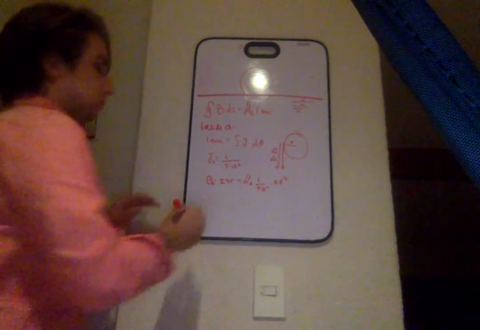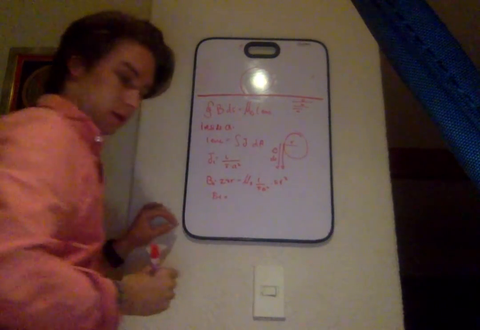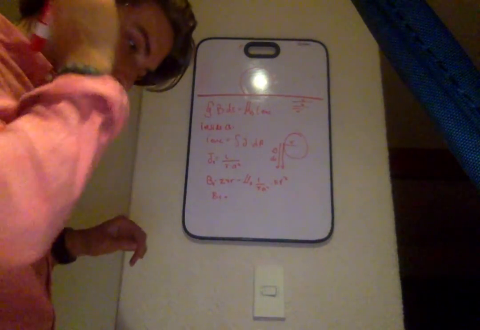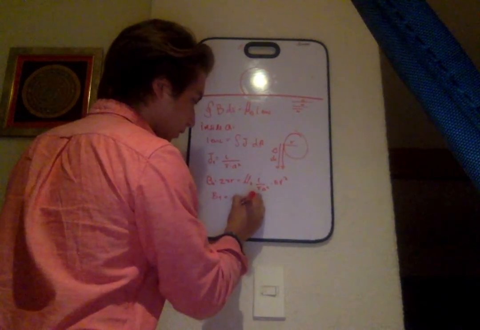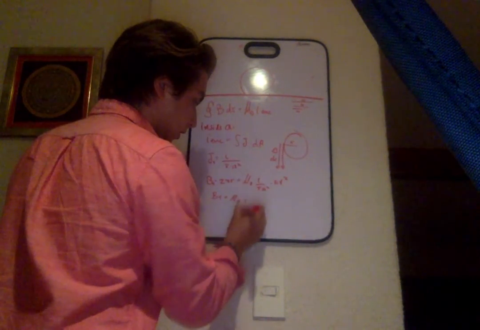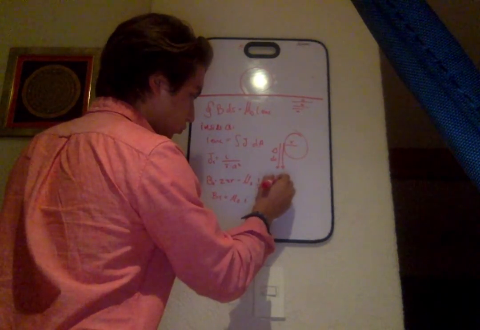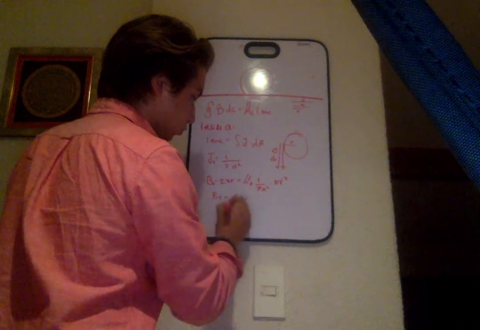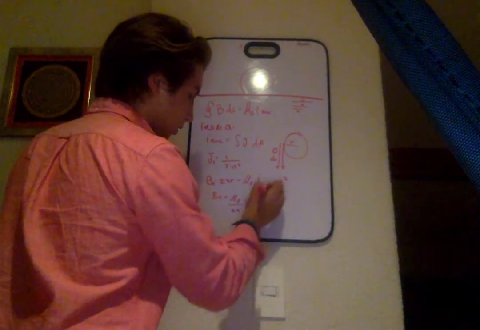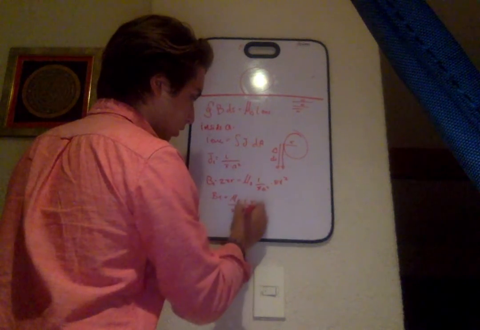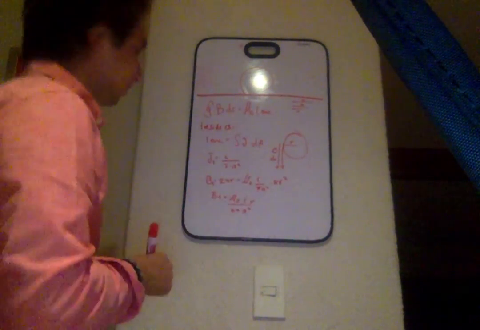And if we solve for B1, then we would have mu naught times I times 2 pi r over a squared. And that's correct.